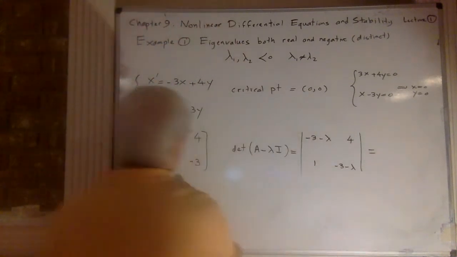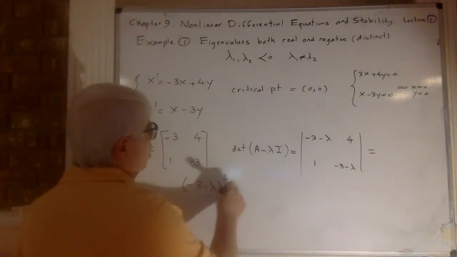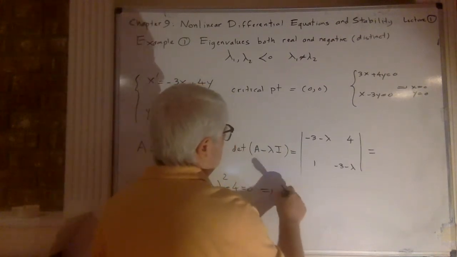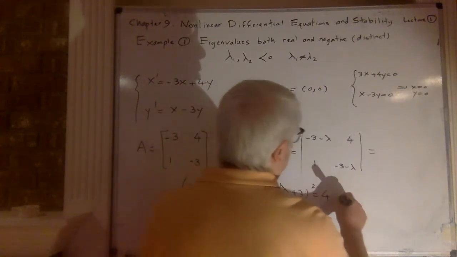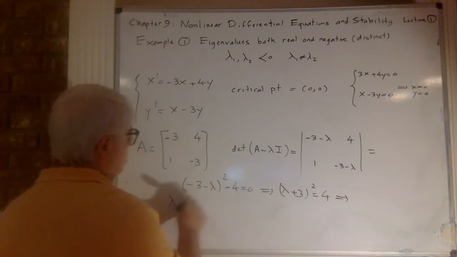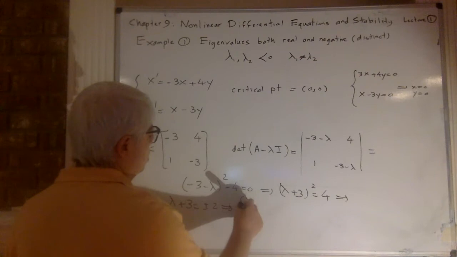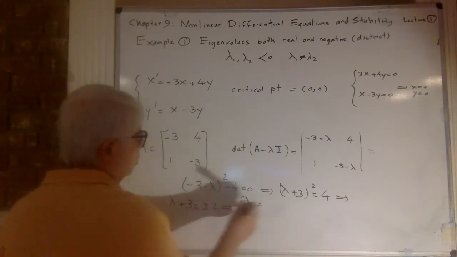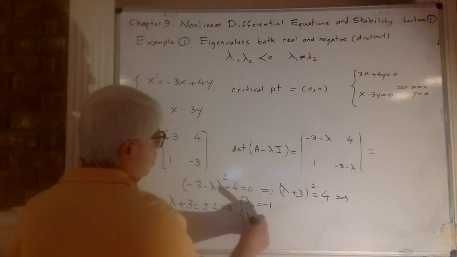So that is minus 3 minus lambda squared, minus 4, equals 0. This is lambda plus 3 squared equals 4. So lambda plus 3 is plus or minus 2, and this gives me two lambdas. Lambda 1 will be minus 3 plus 2, which is minus 1, and minus 3 minus 2 is minus 5.